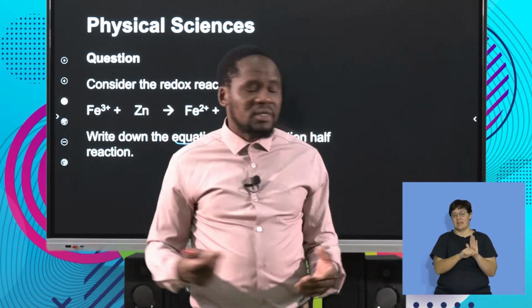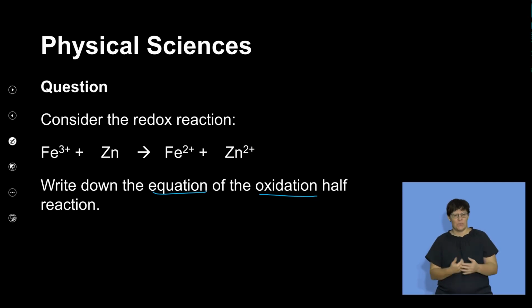Exactly how do we represent that? We have identified that zinc, according to the laws of assigning oxidation numbers, as an atom has 0 oxidation number, then here it's plus 2, right?